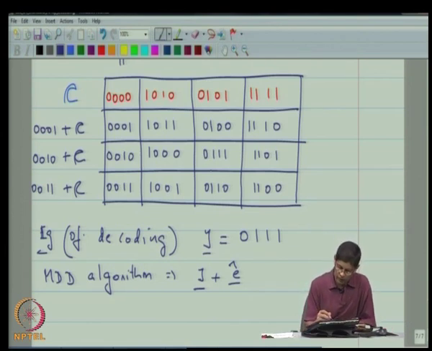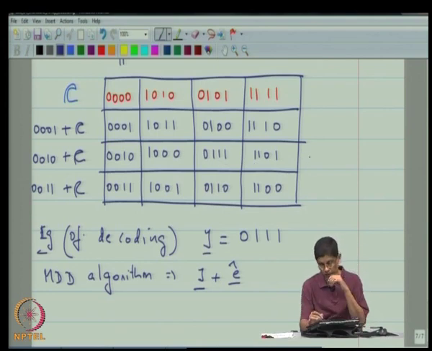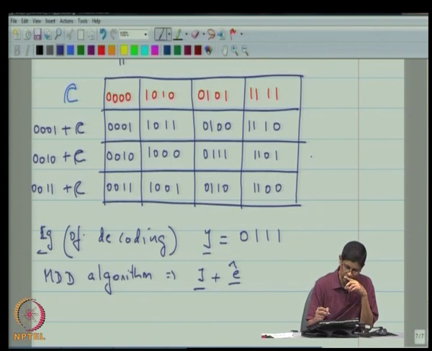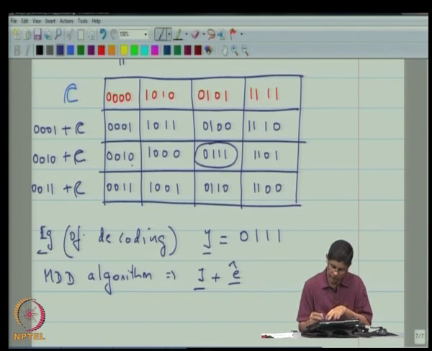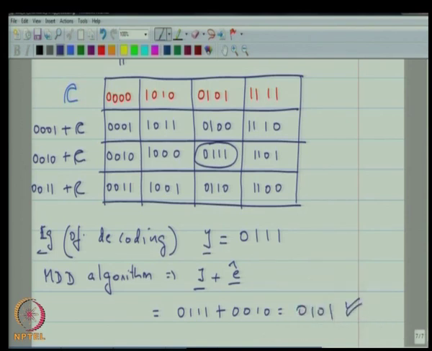So now I look for this and I notice that here is the coset to which y belongs. So y belongs over here, okay, and the coset leader is 0 0 1 0. So what I do is I take 0 1 1 1 plus 0 0 1 0 to recover 0 1 0 1, and I have correctly decoded.